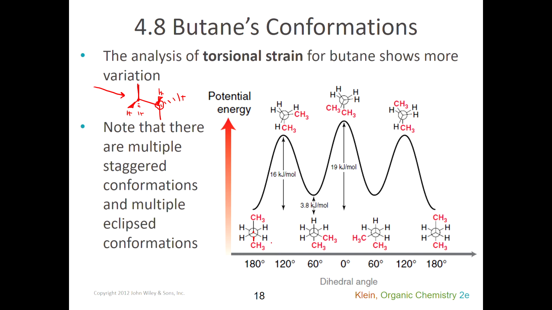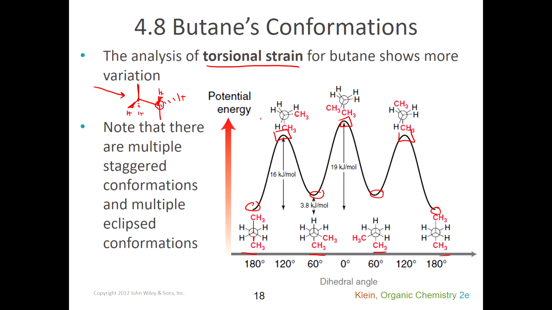So here the energy is a little bit more complicated. Not all of my staggered versions are equal in energy, but all the staggered versions are definitely way lower in energy than any of the eclipsed versions. So in general, you want to remember that the torsional strain is the biggest factor that affects how molecules rotate.